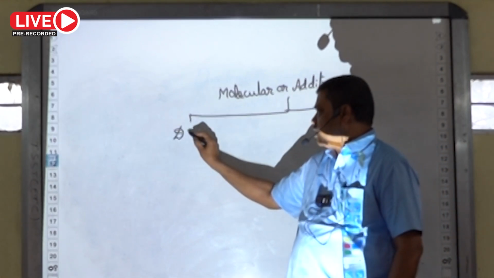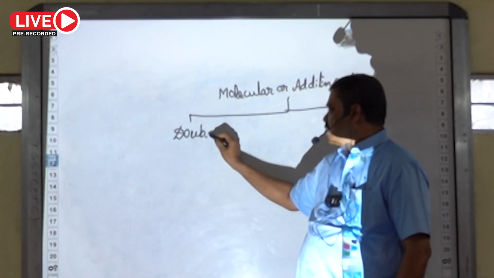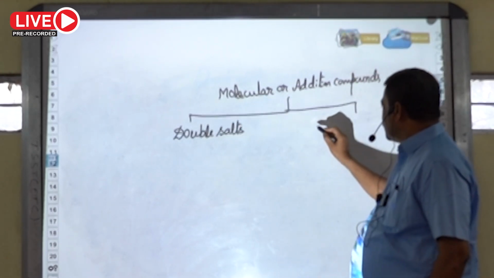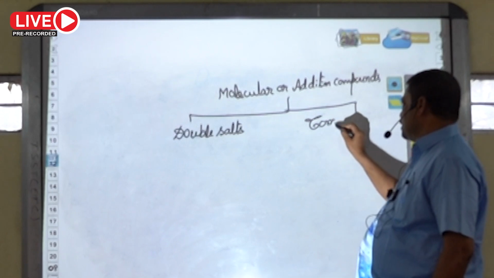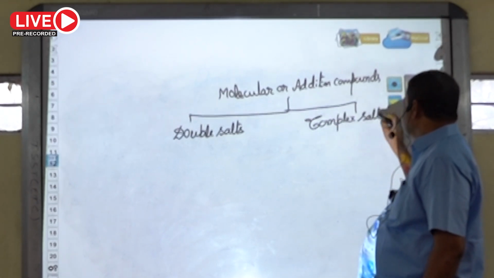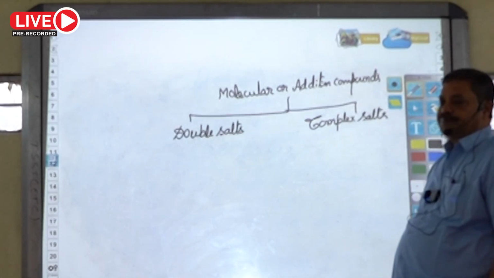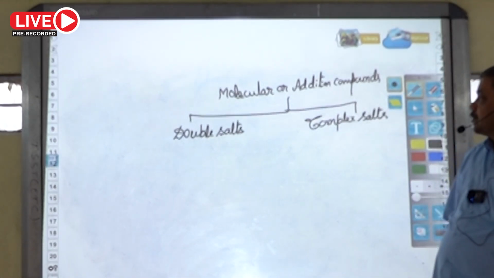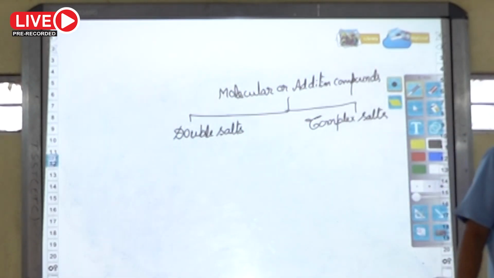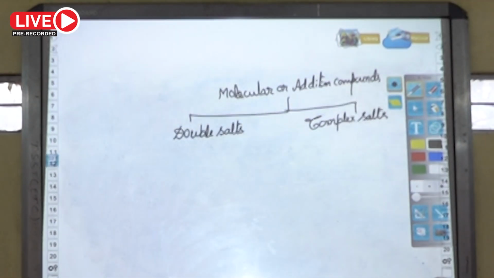They are double salts and complex salts. As the name suggests, they are simply formed by addition.